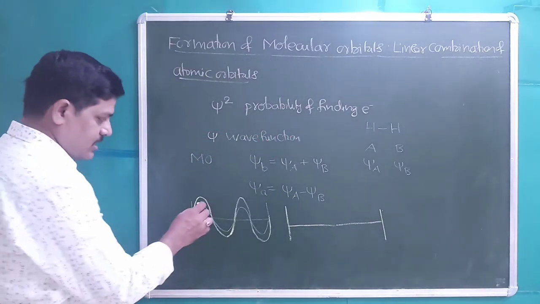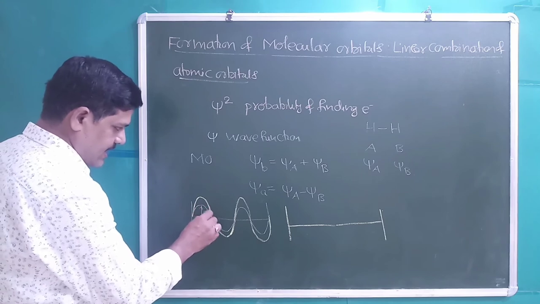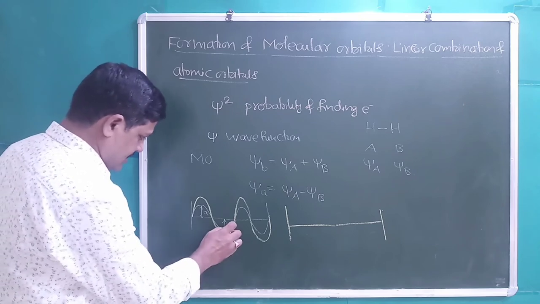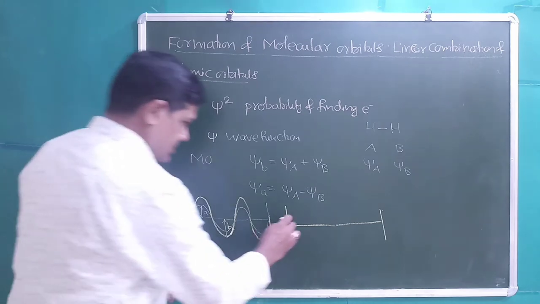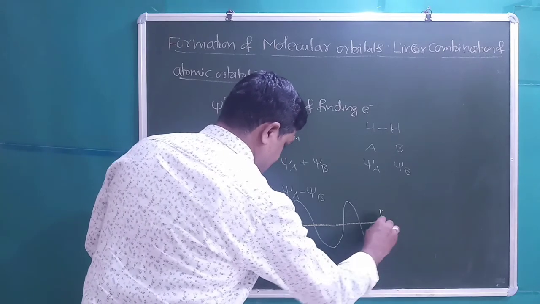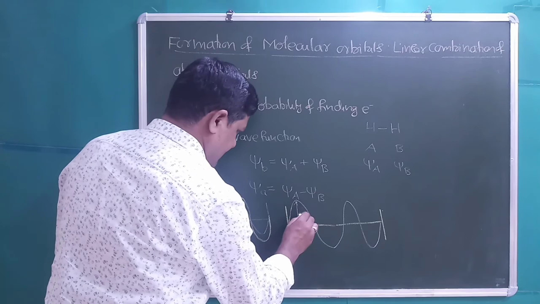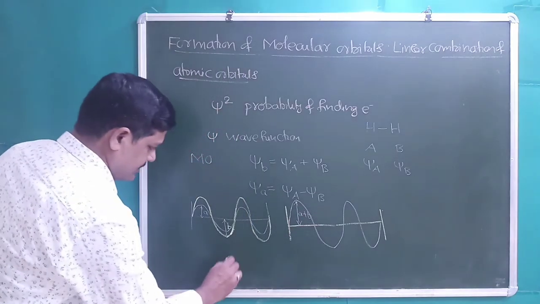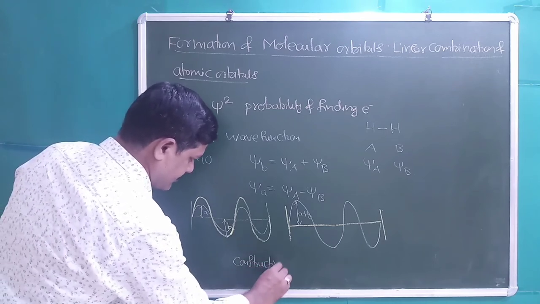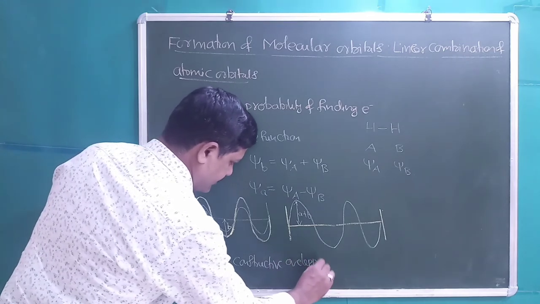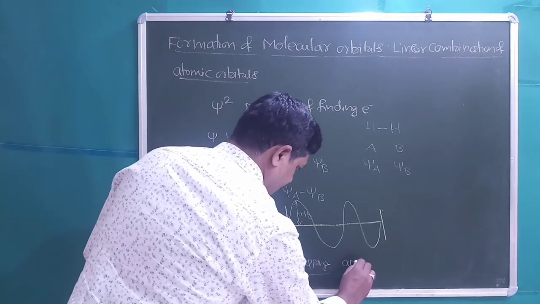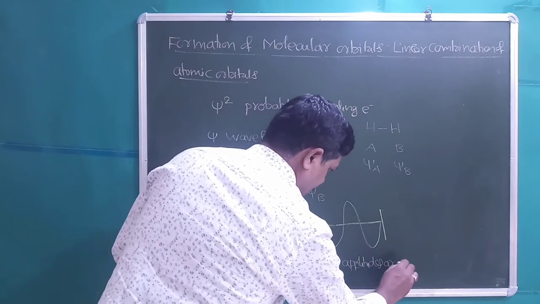If the first wave amplitude is A and the second is B, the resultant amplitude is A plus B. Amplitudes are added up.